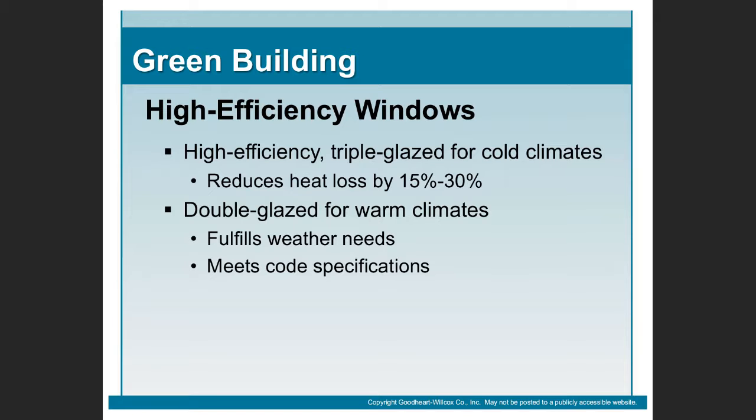Again, in our IRC or IECC, in our I codes, our model codes, there are going to be stipulations for U values of windows. If you're in Miami Beach, the code will stipulate how well the window keeps the sun out, the solar heat gain factor.